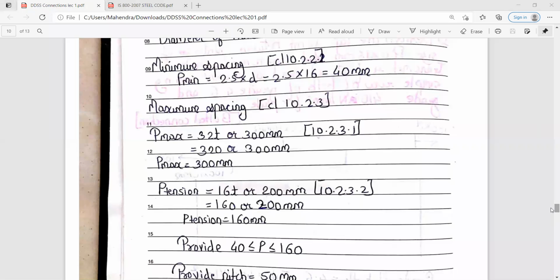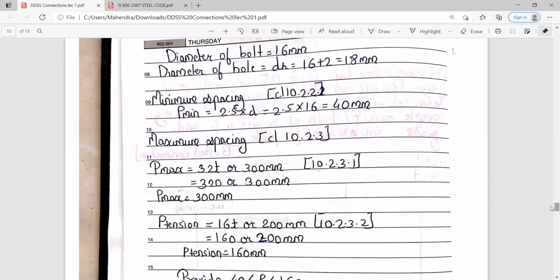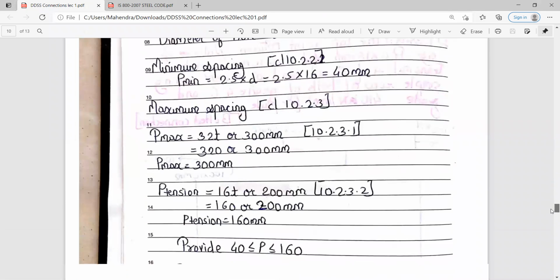Okay, so note down up till here, till P each value.